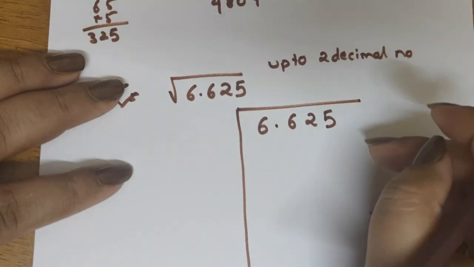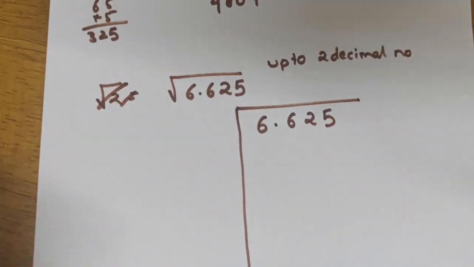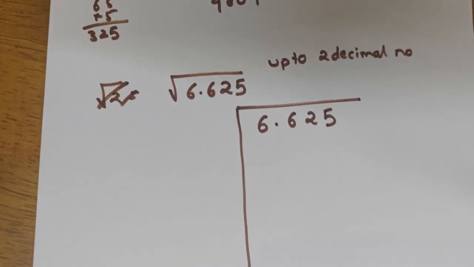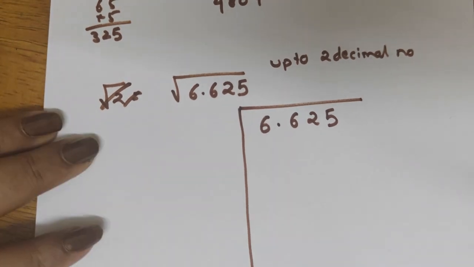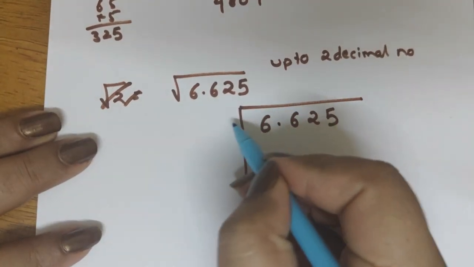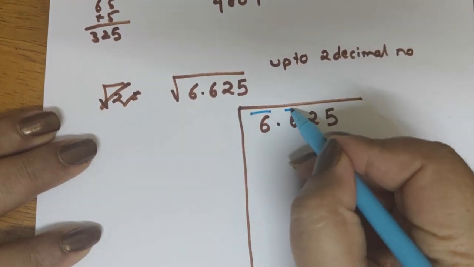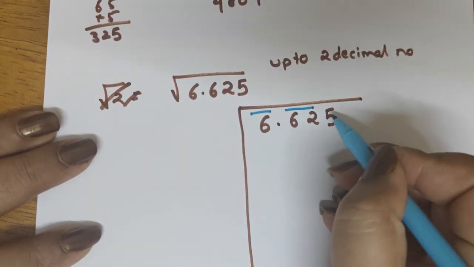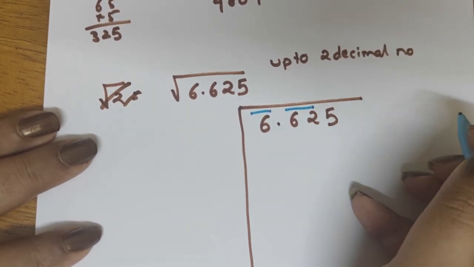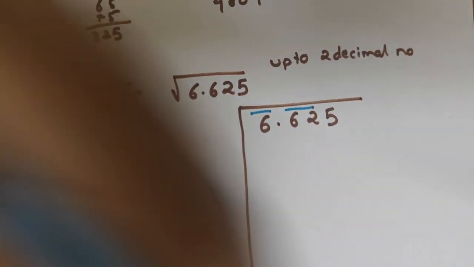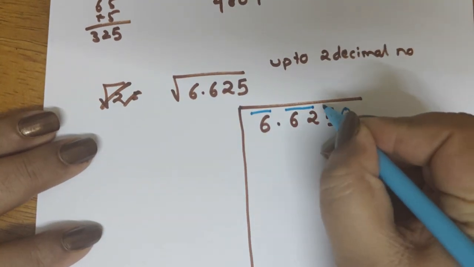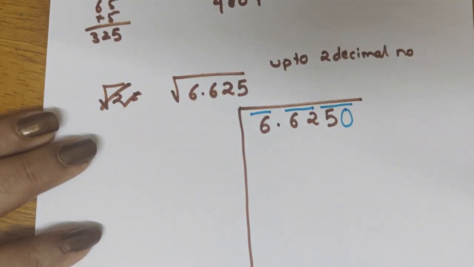now there is one more concept which you will learn now. Okay, so we will start making the pair. Here it will be from the right hand side, this one will be left 1. Now 5 is left alone. Since it's a decimal, I can add any number of zeros, so I will add one more 0 and make a pair.